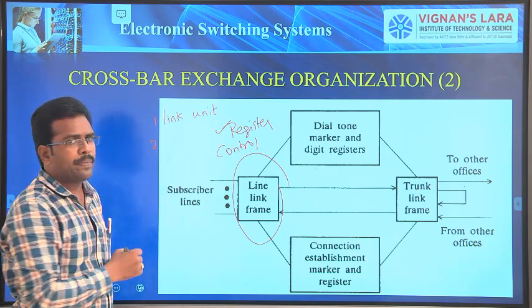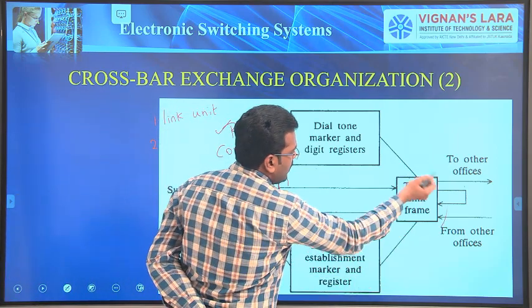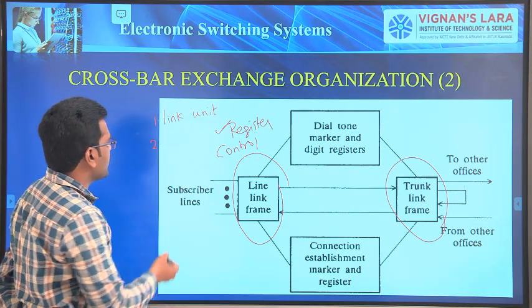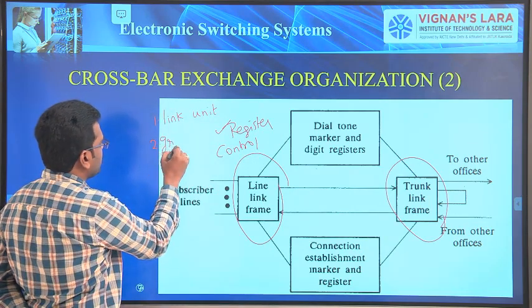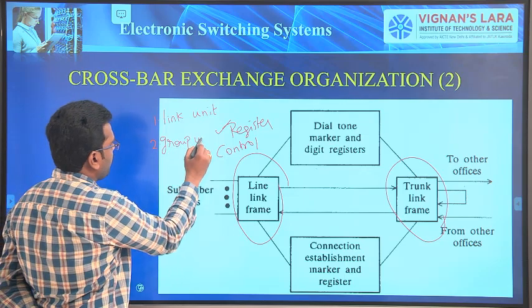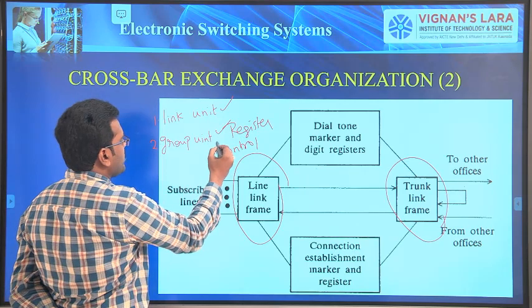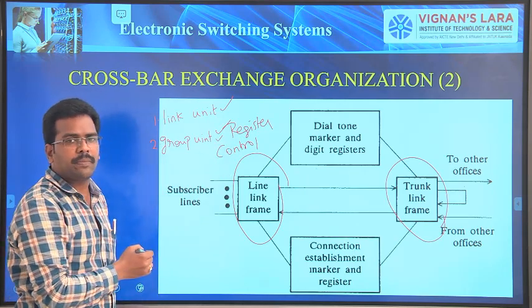And the trunk line link frame along with the associated hardware is called a group unit. Okay, two points are important here: one is the link unit, another is the group unit.